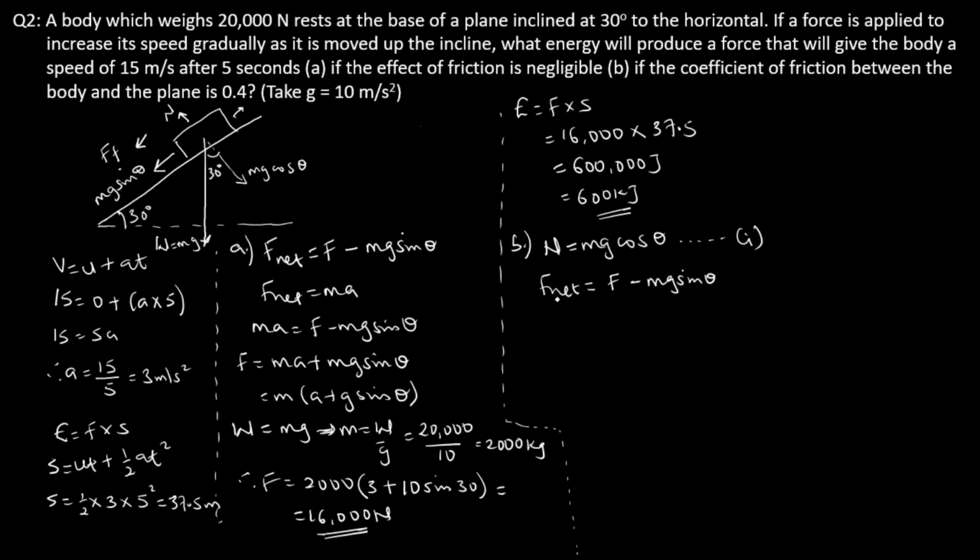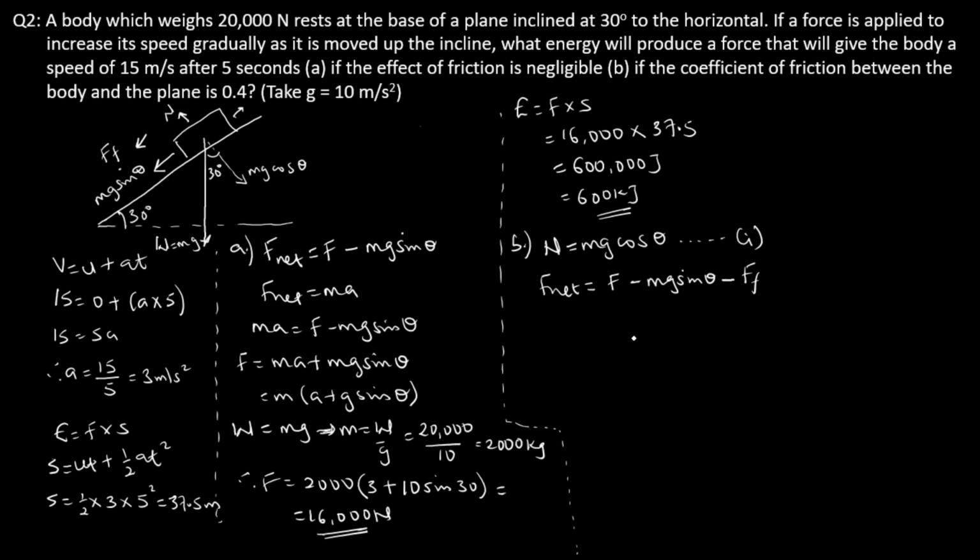So we can write that F net equals F, which is upward, minus mg sine theta, which is downward, and then minus frictional force, because friction acts downward in this case. If this body were going downward, for instance, then our friction would be acting upward.